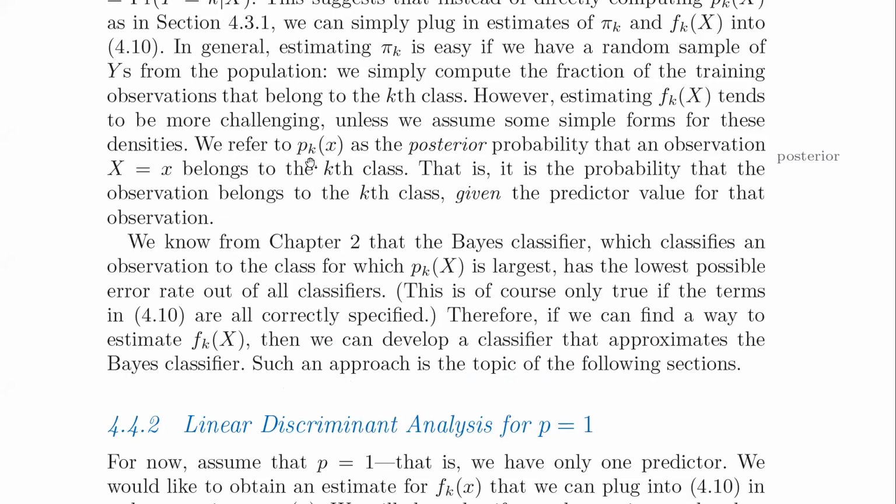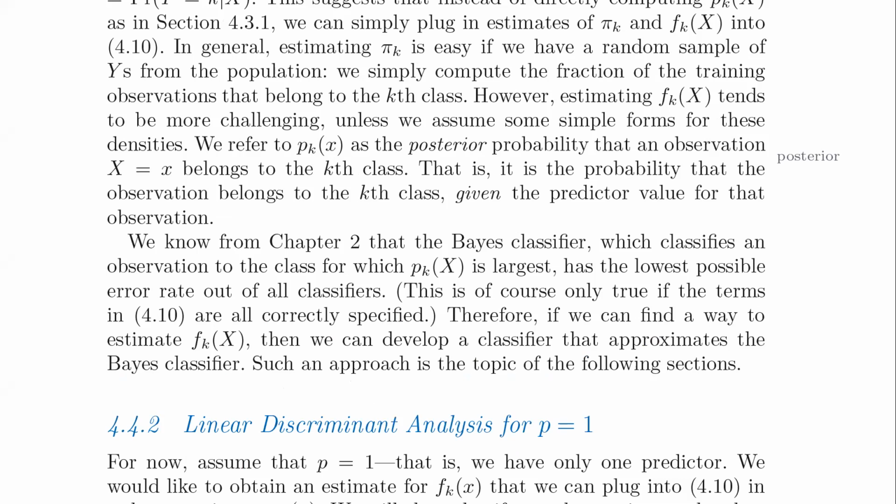We refer to p k of x as the posterior probability that an observation x belongs to the kth class. That is, it is the probability that the observation belongs to the kth class given the predictor variable for that observation.